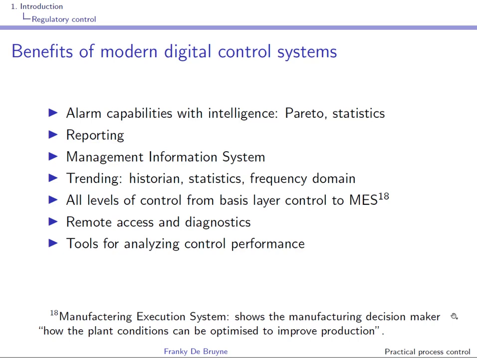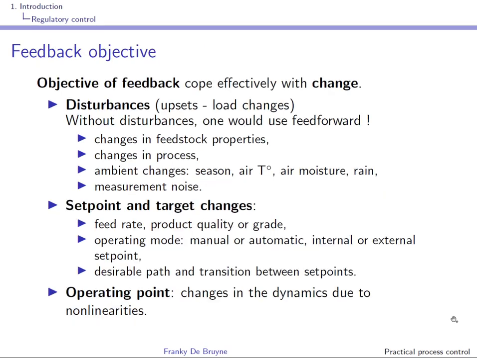Each control loop will be evaluated in terms of tracking and disturbance rejection performance using key performance indicators. In this way, you can easily isolate the problematic control loops and you know where to concentrate the tuning effort. Some of these systems will even propose new tuning parameters.